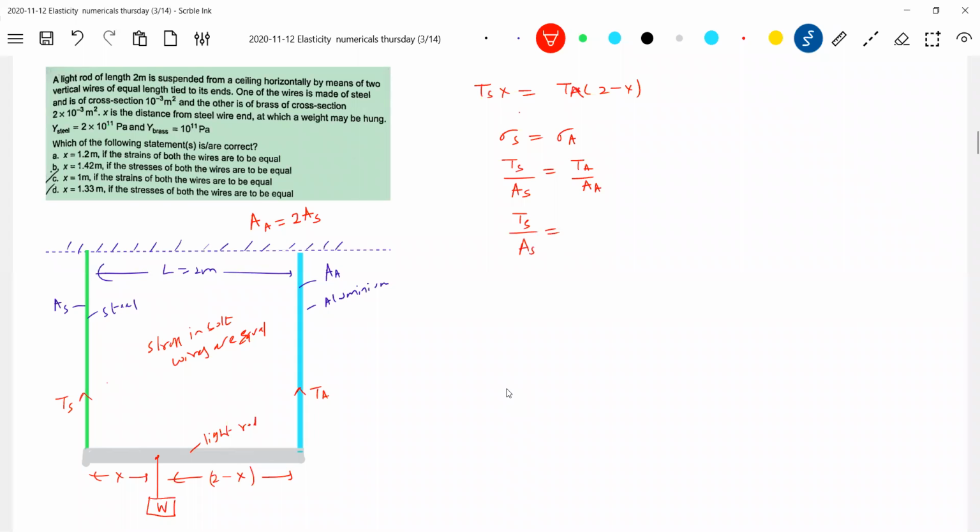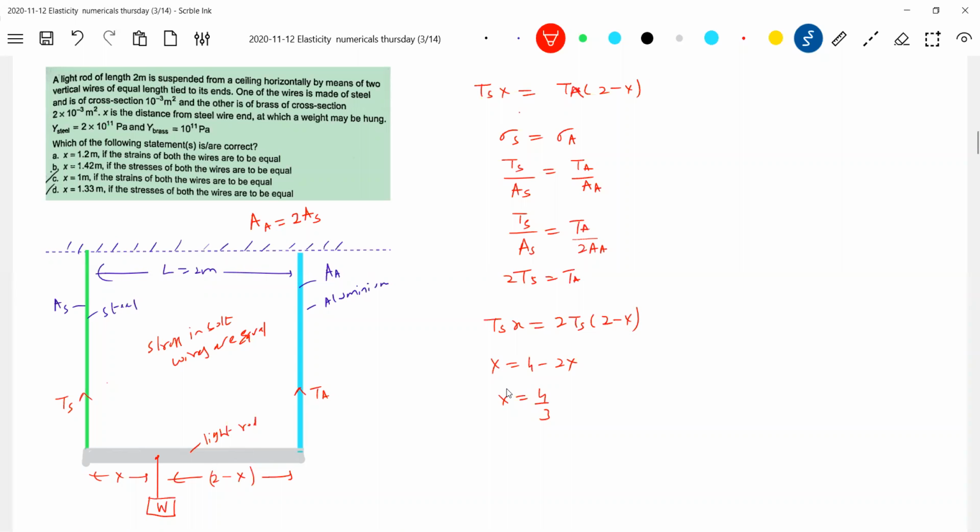Ts by As equals Ta by Aa, so 2 Ts equals Ta. Substituting that value, Ta is equal to 2 times Ts. So Ts into x is equal to 2 Ts into 2 minus x. Ts gets cancelled. So x equals 4 minus 2x, so x is equal to 4 by 3.